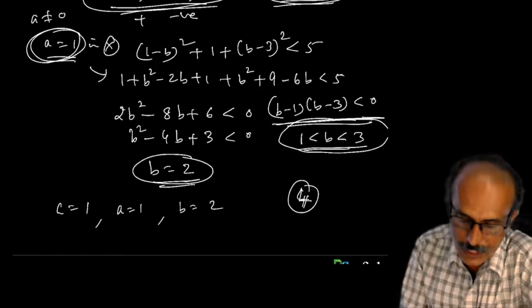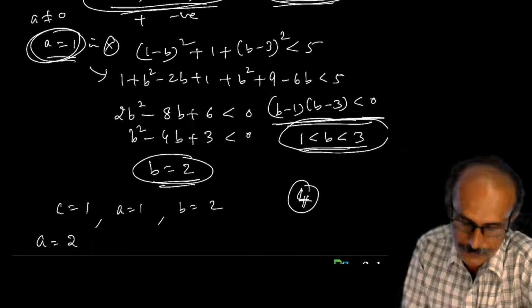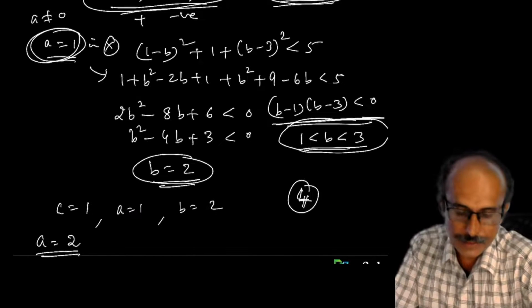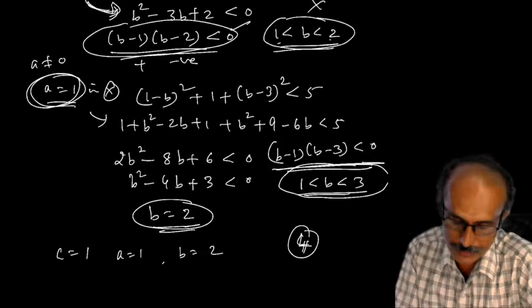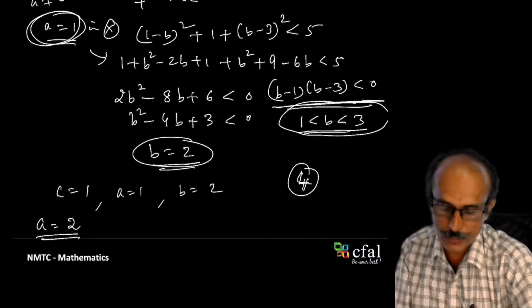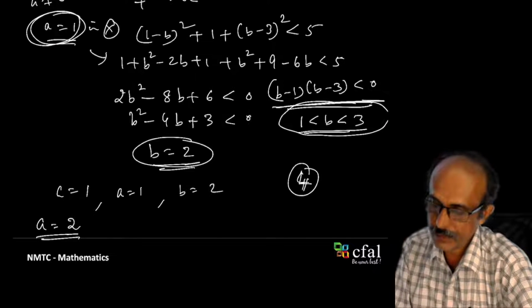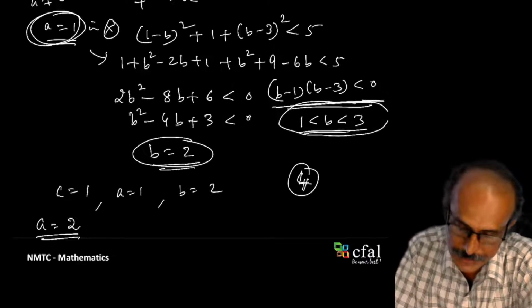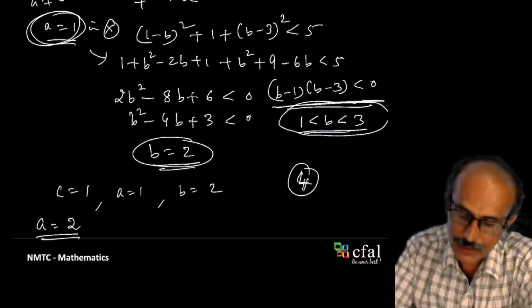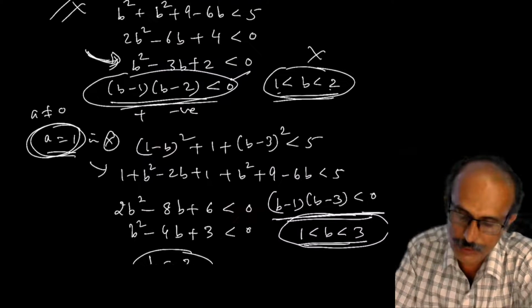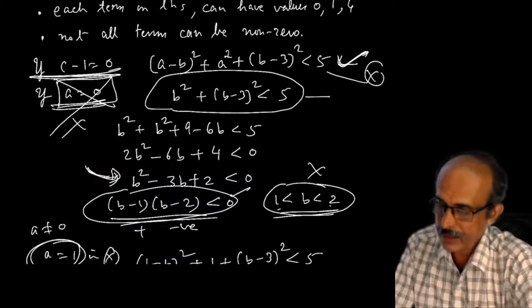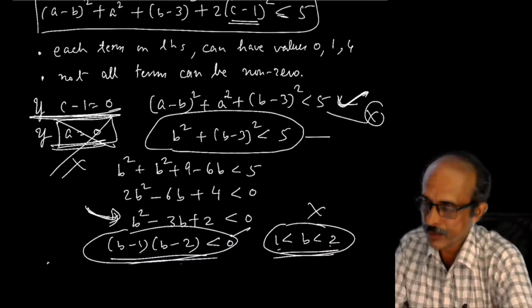Now suppose we start with a equal to 2. See, a cannot be 0, a equal to 1. Now we are going for a equal to 2. Again we analyze the inequality star and see that this doesn't give proper solutions.